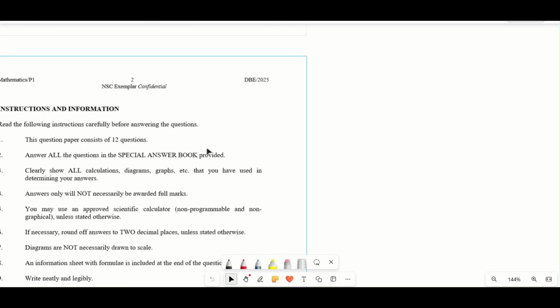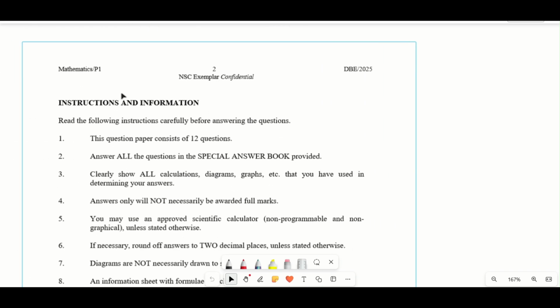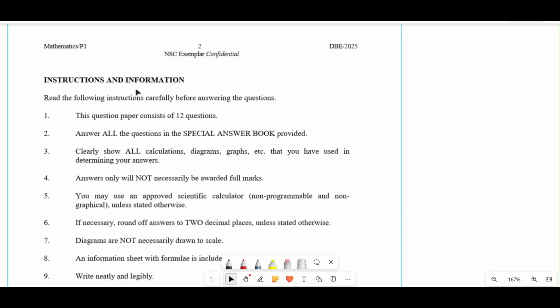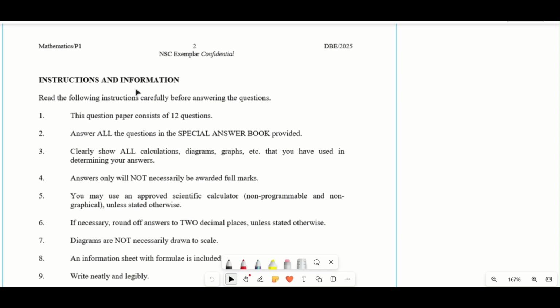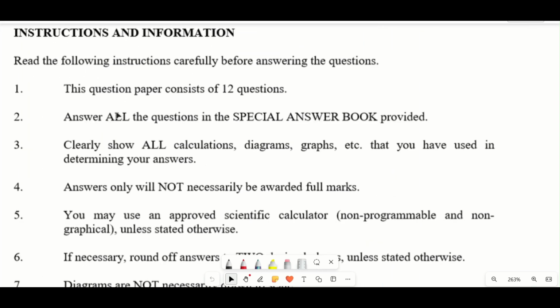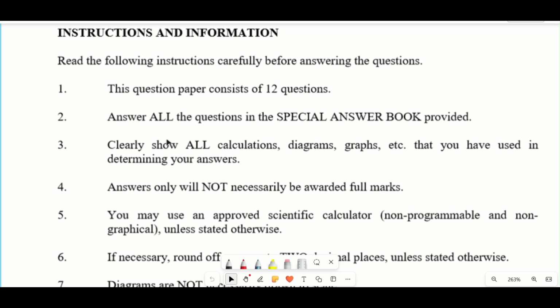First of all, we'll look at the instructions and information. Read the following instructions carefully before answering the questions. This question paper consists of 12 questions.